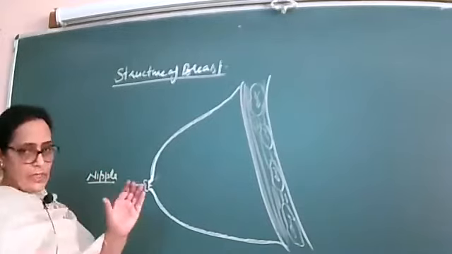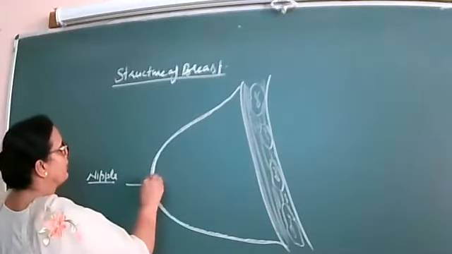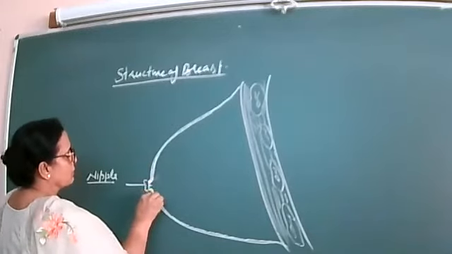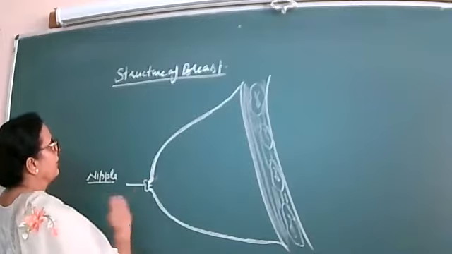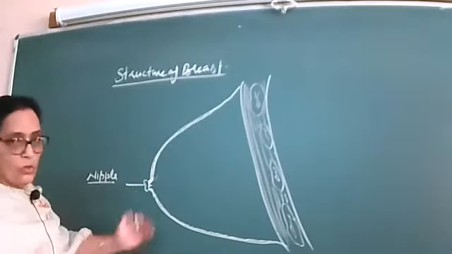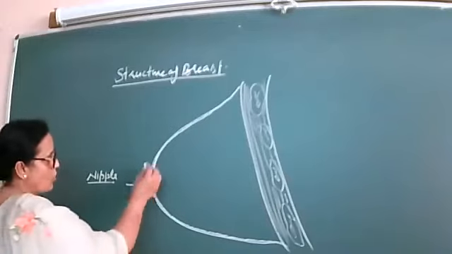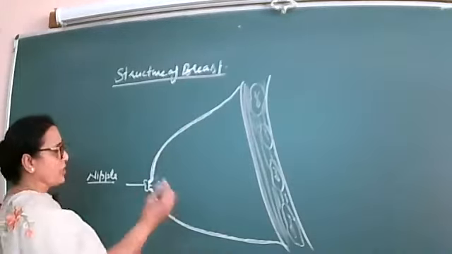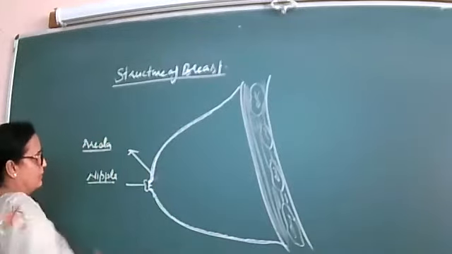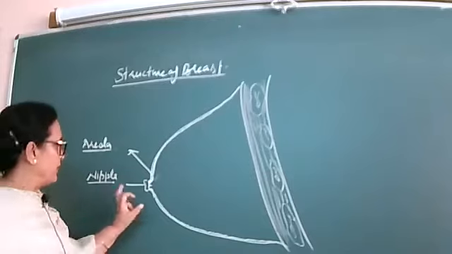Then around the nipple in a circular way, because this is the side view, from the front it will look circular. This area is dark brown in color, and this is also pinkish in color. This is known as areola, right? Between the middle of that areola is the position of the nipple.